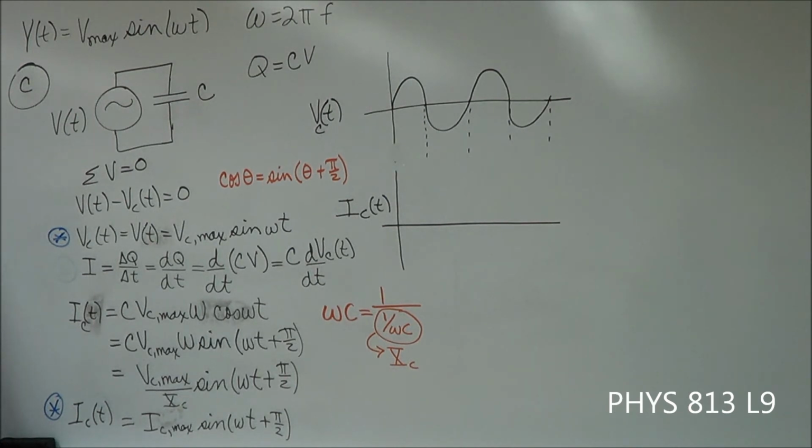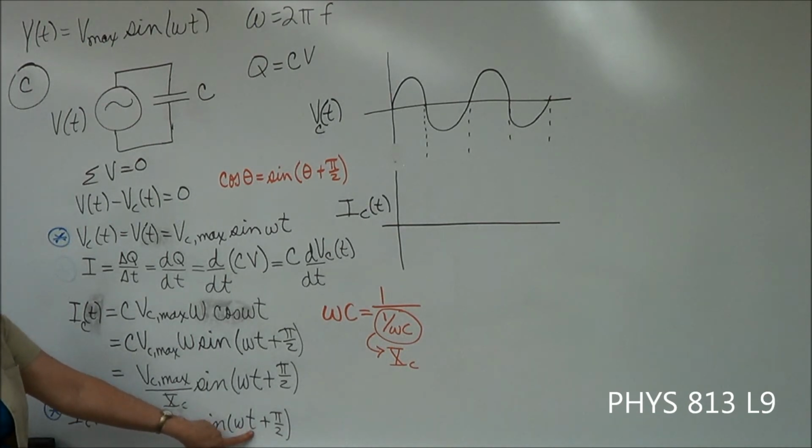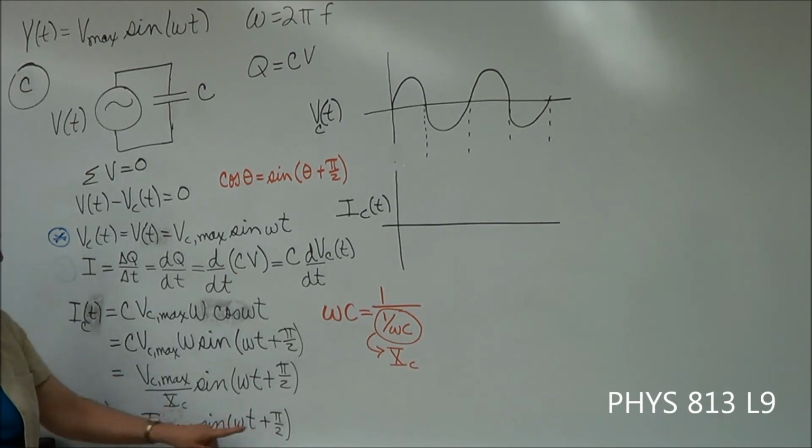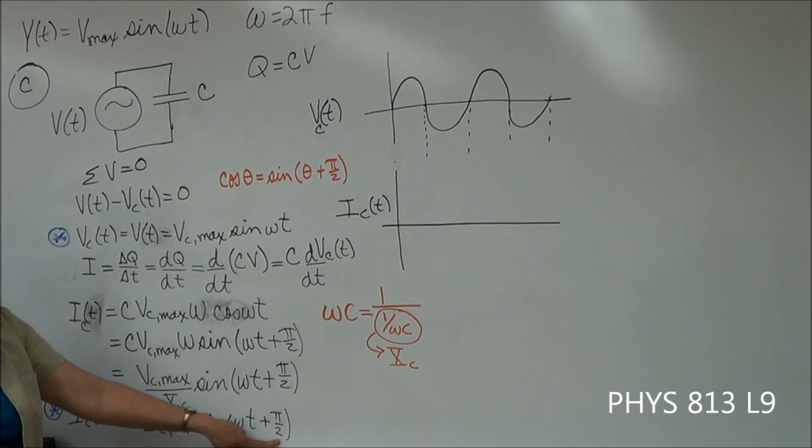I always had a hard time remembering whether you add or subtract and which way you shifted. So the easiest thing to do, to make sure you get it right: at t equals 0, this is 0, but you still have pi over 2. Pi over 2 is 90, so sine of 90 degrees is 1.